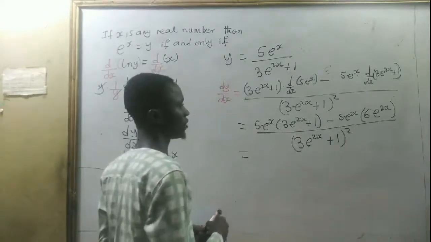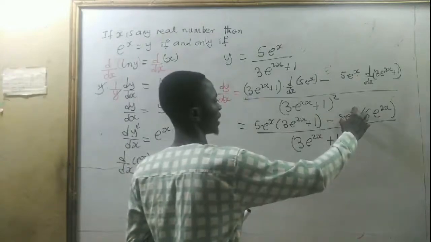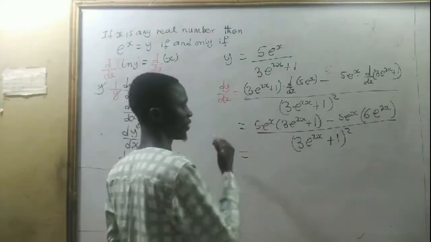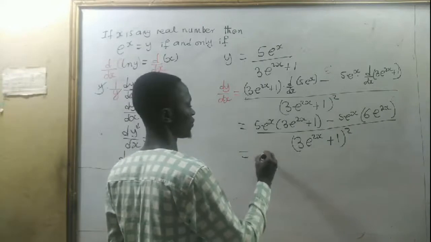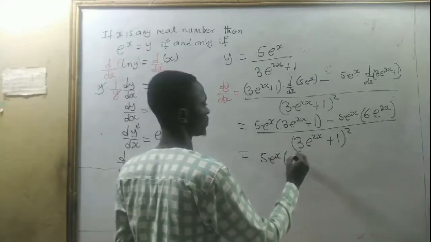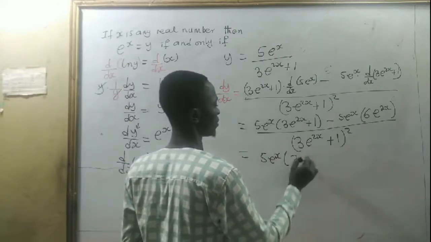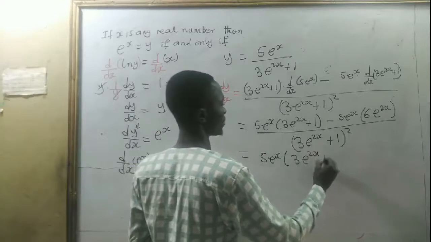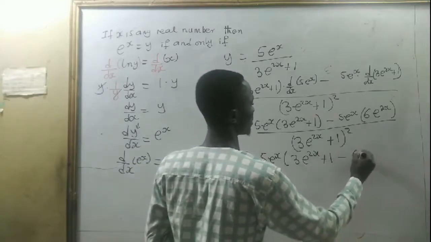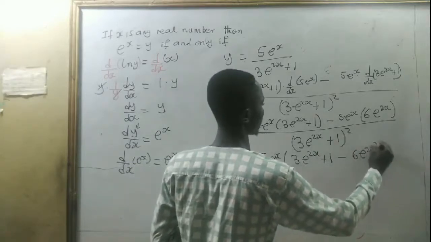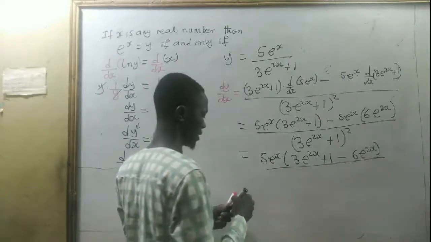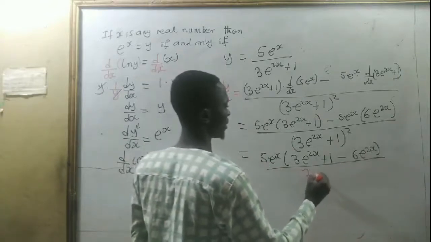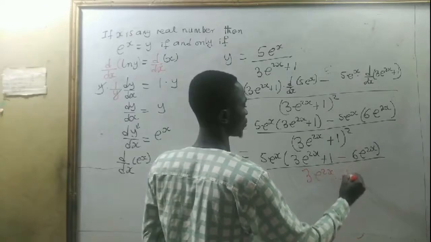And what will this give? Here we have this one there, so you can factorize it out. So you have 5e^x times (3e^(2x) + 1) minus 6e^(2x), all divided by the denominator (3e^(2x) + 1) all squared.